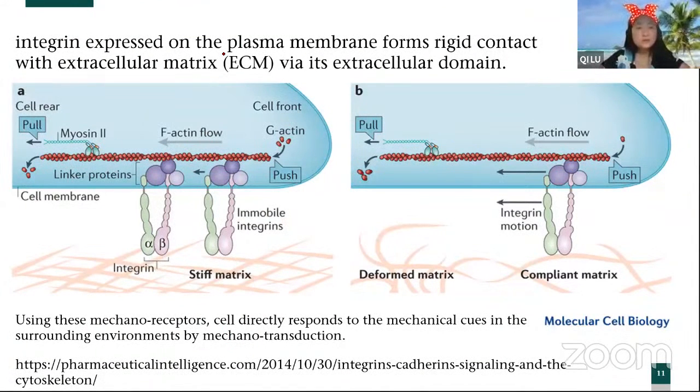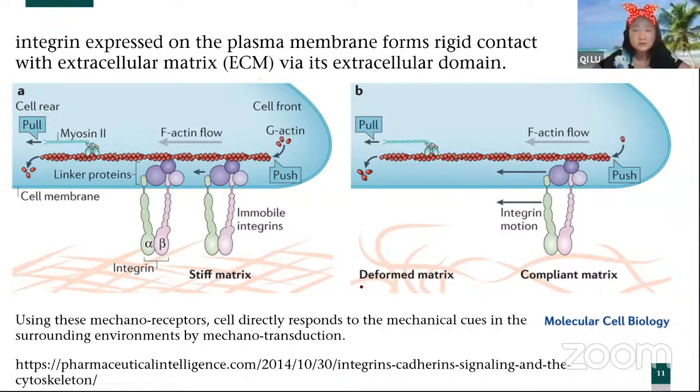Integrins expressed on the plasma membrane form rigid contact with the extracellular matrix, ECM, through their extracellular domain. Those integrins form interactions with the extracellular matrix in the tissue, and they cause the cell's membrane to be like a seat on the tissue or within the extracellular matrix.